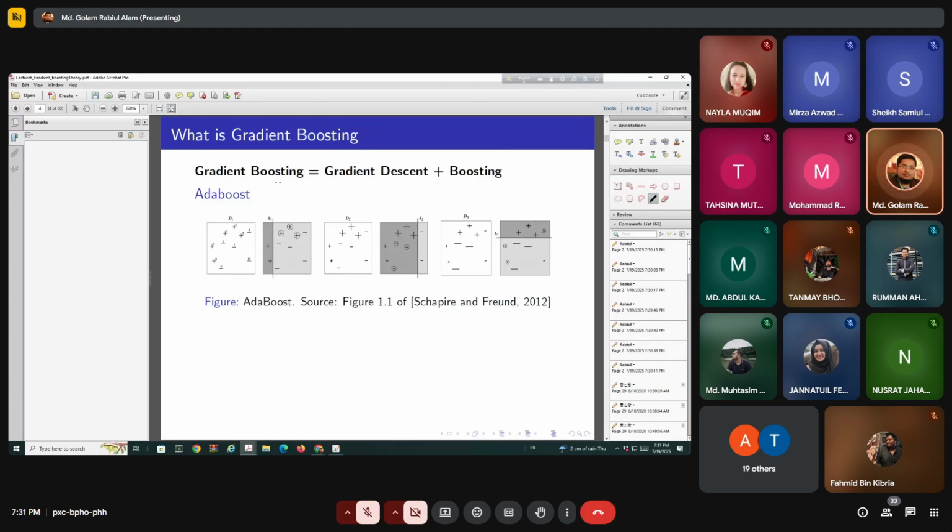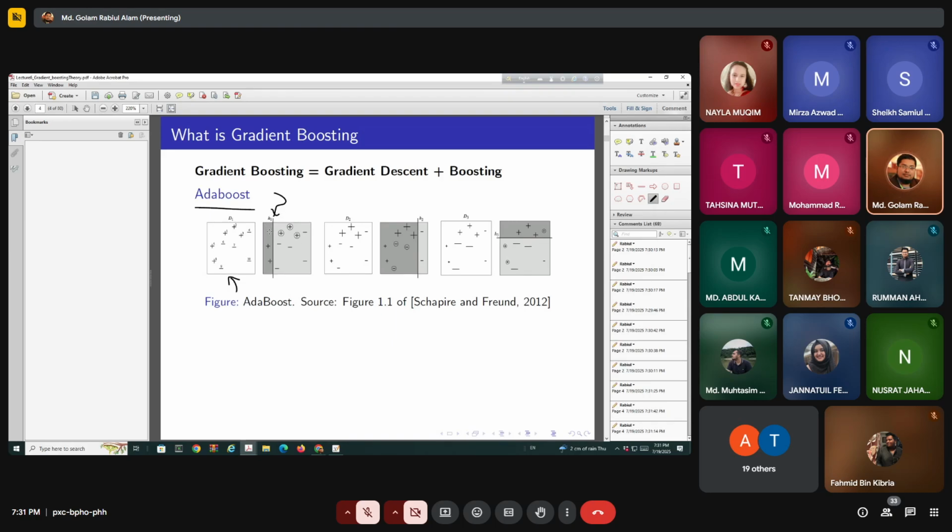So if you can remember our last lecture on AdaBoost. In adaptive boosting, what we usually do is try to build several weak learners. Let's say this is the data set. This data set is given, and then it will try to find out the best discriminative feature, and utilizing that, it will find a weak learner.